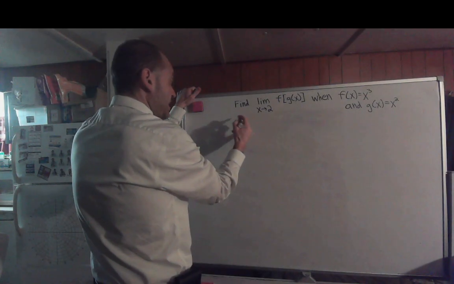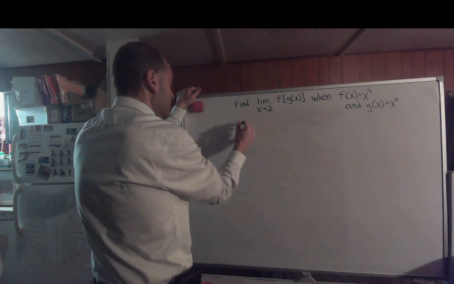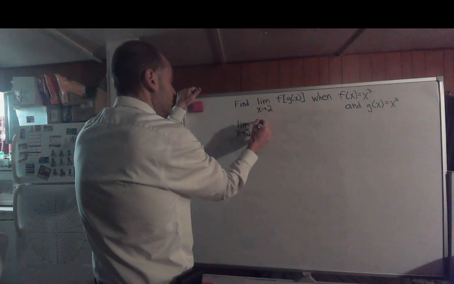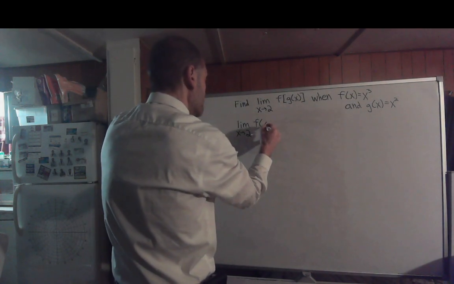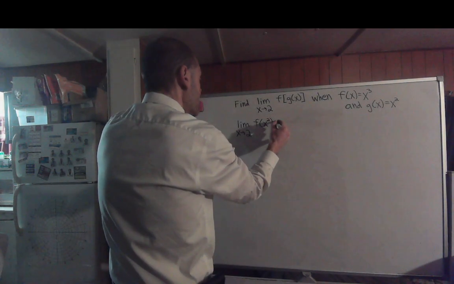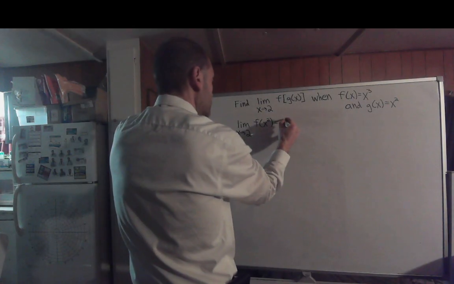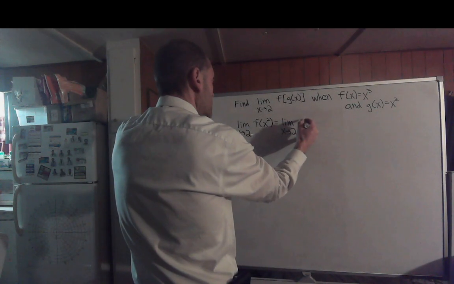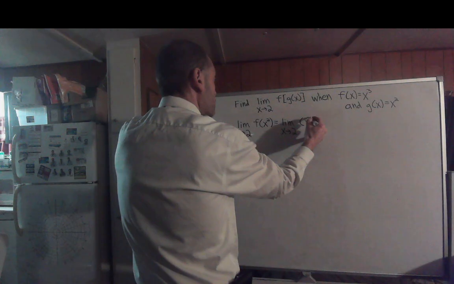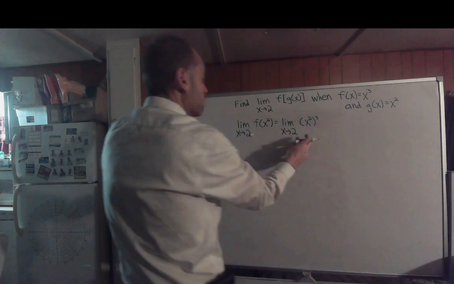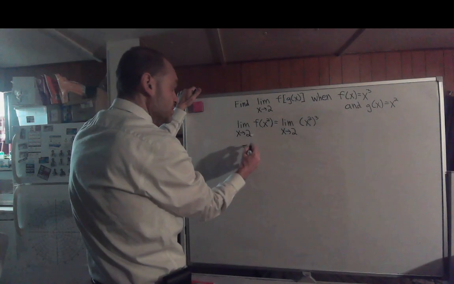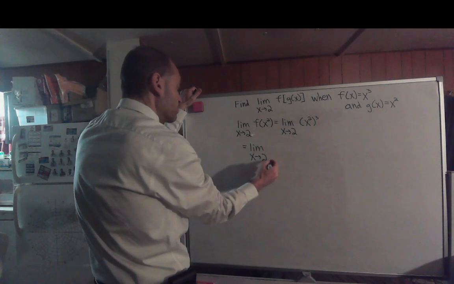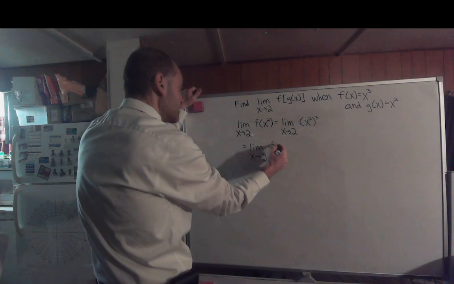So the classic algebra method is the limit as x approaches 2 of f of that x squared, which would turn into the limit as x approaches 2 of that x squared raised to the third power. Well, x squared raised to the third power is x to the sixth. So this would turn into the limit as x approaches 2 of x to the sixth.